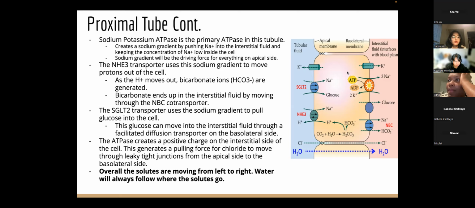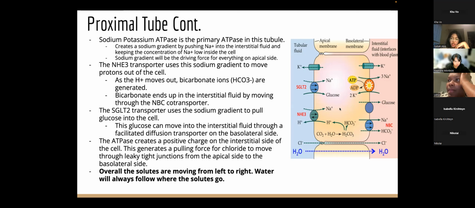So the NHE can use this gradient to pump out protons, and the protons will come from carbonic acid. Basically, the NHE transporter is pumping out protons, but it's also taking in sodium, which makes sense because the concentration of sodium is pretty low now.